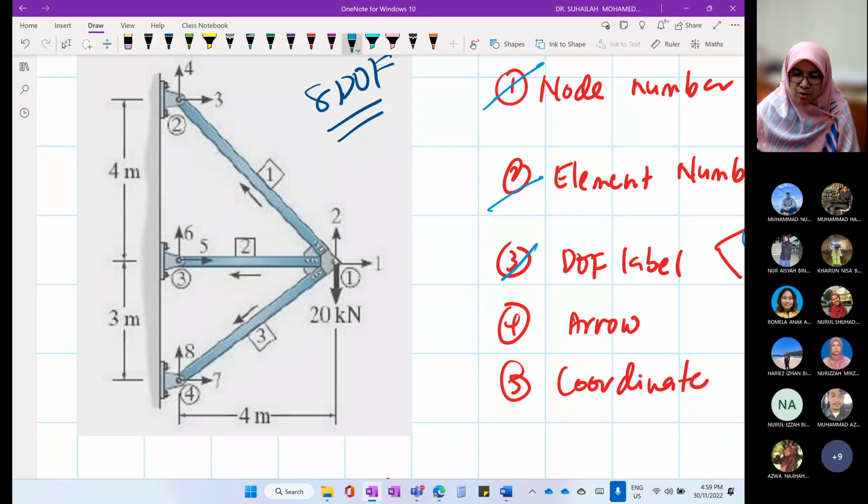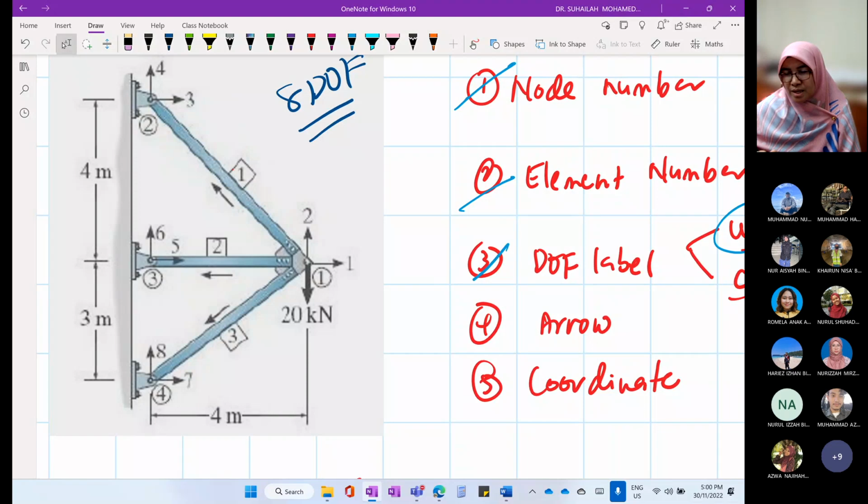So we have an arrow at element number 1, from 1 to 2. For element number 2, from 1 to 3. And for element number 3, from 1 to 4. And why is the arrow important?